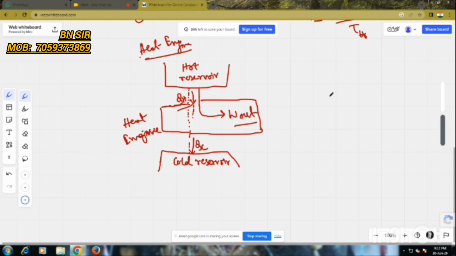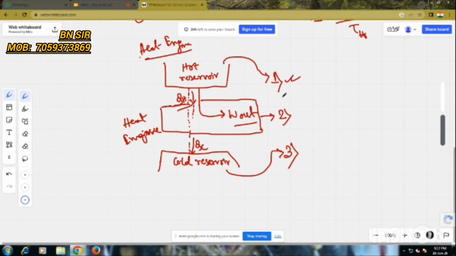In this process, three steps should be remembered. The first step is the hot reservoir, the second step is W out, and the third is the cold reservoir. So what's going on in every step?